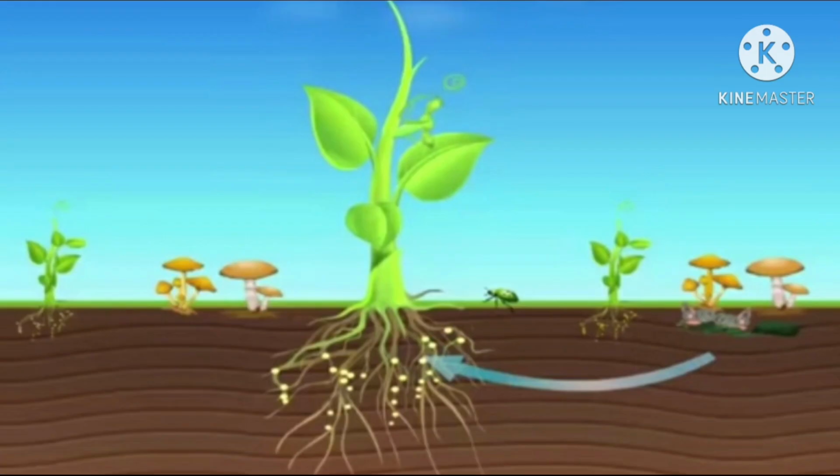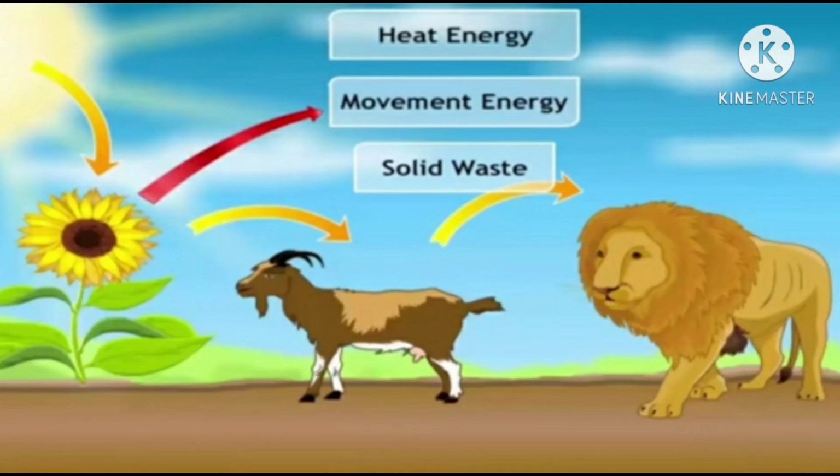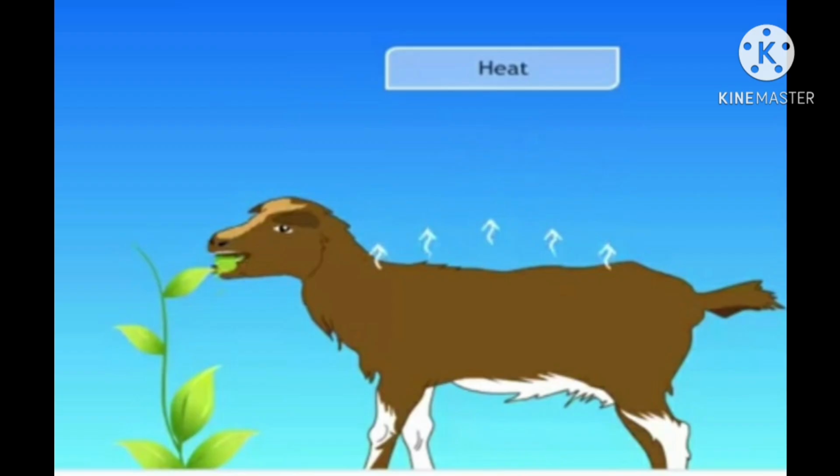The green plants in a terrestrial ecosystem capture about 1% of the energy of sunlight that falls on their leaves and convert it into food energy. A part of the trapped energy is used by the plants in metabolic activities like growth of new tissues, and a part of it is lost into the surroundings as heat.